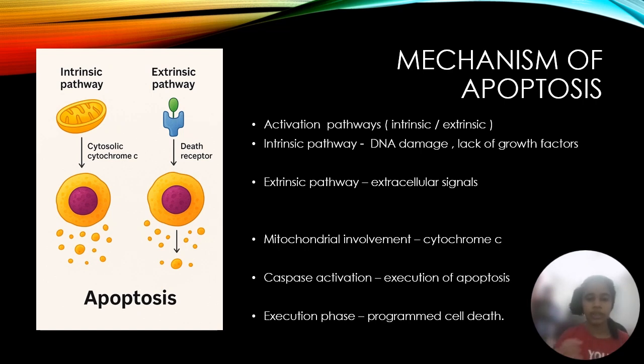This whole thing forms a complex: the ligand and receptor interaction, along with the structural change in the protein, the adapter protein and the inactive procaspase. You get a death-inducing signaling complex. This is called the DISC complex.